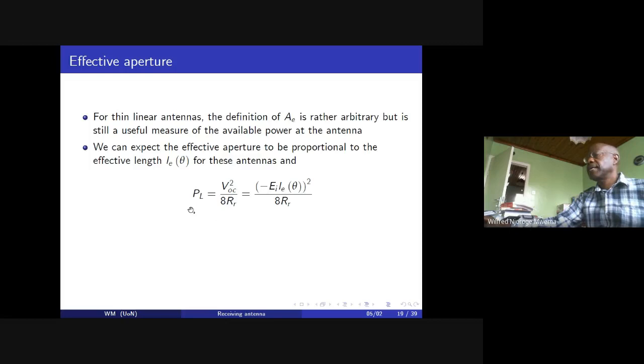Therefore, we can write that PL is given by the open circuit voltage induced at the terminals squared divided by 8R multiplied by the radiation resistance, and we get a value of E_I L_E, that is effective length, divided by 8R there. And hence, the effective aperture is given by 30 pi divided by the radiation resistance multiplied by the effective length squared in the direction theta.